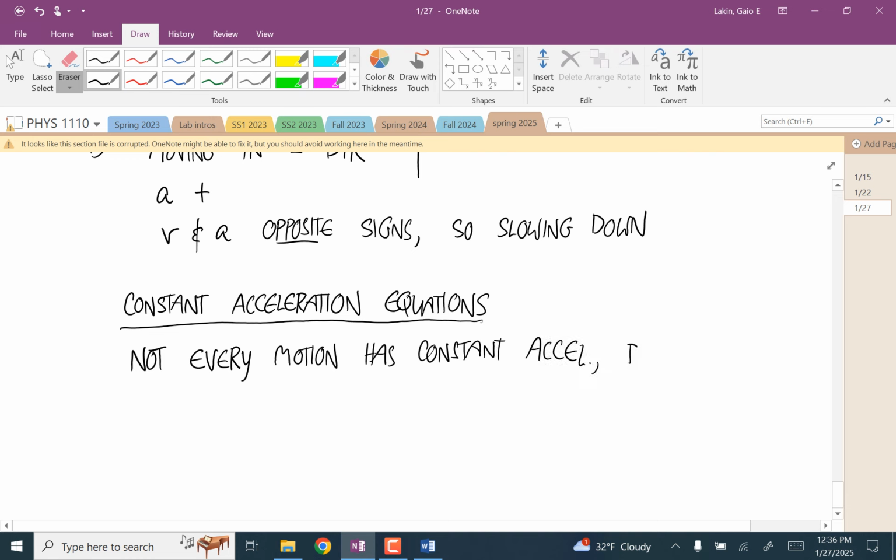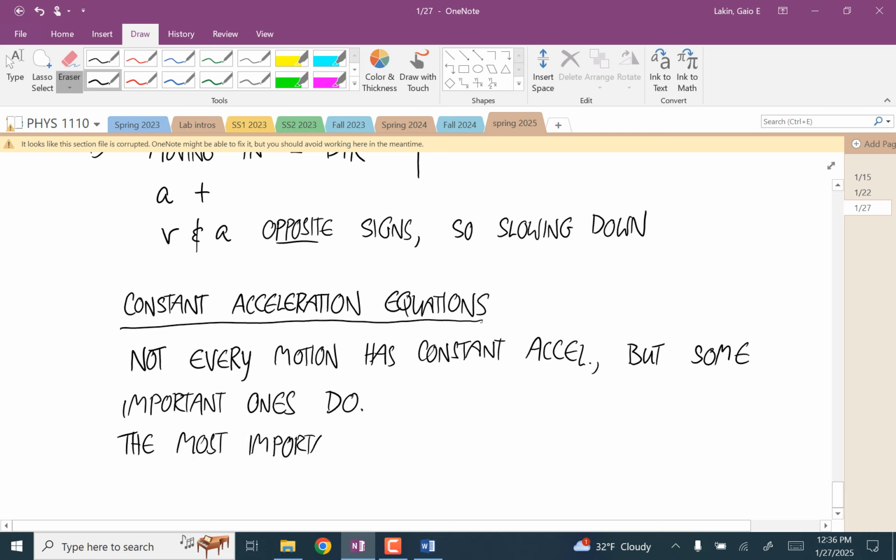But some important ones do. Of these, the most important is objects that are in free fall or projectile motion.